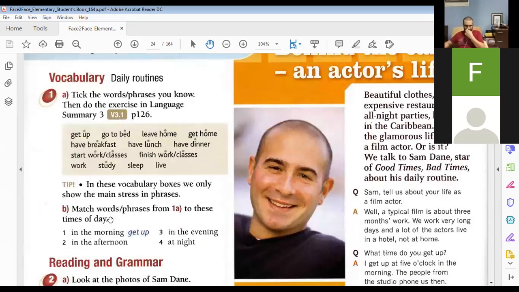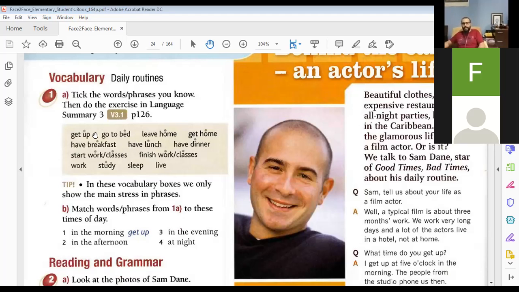All right, so in part B here, let's match the words and phrases from number 1 to the time of the day. So can you tell me some of the things we do in the morning? What are the things we do in the morning from this box? The activities. Which activities do we do in the morning?